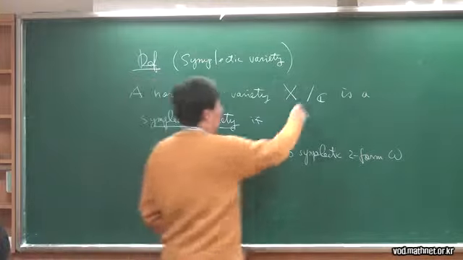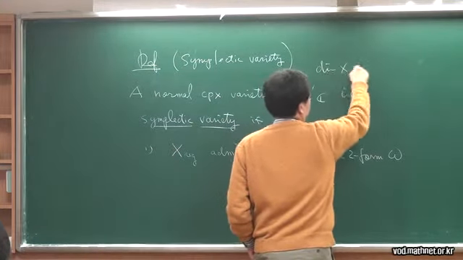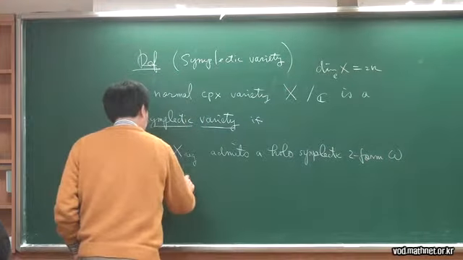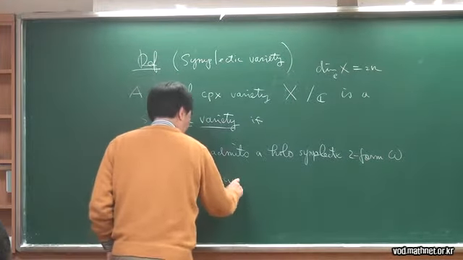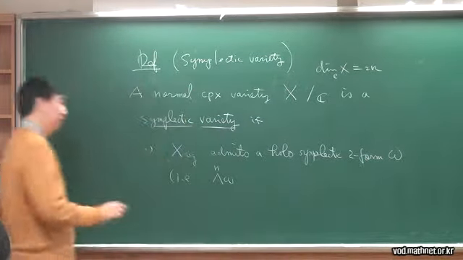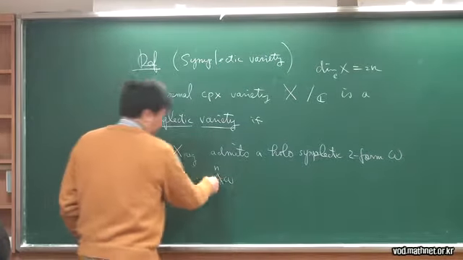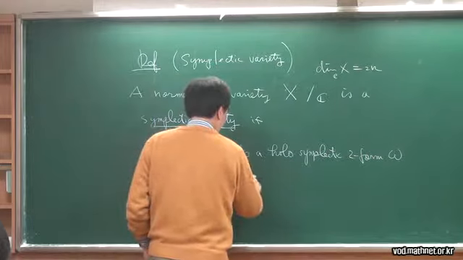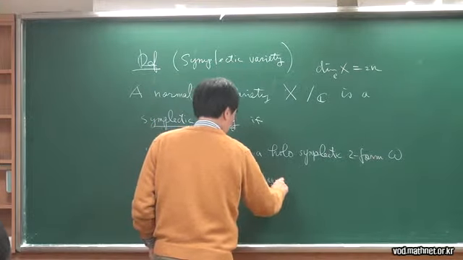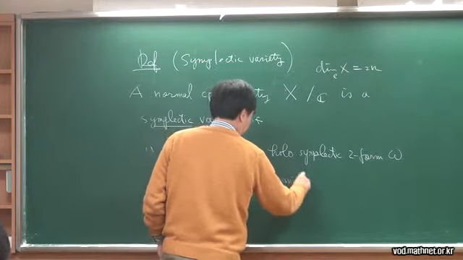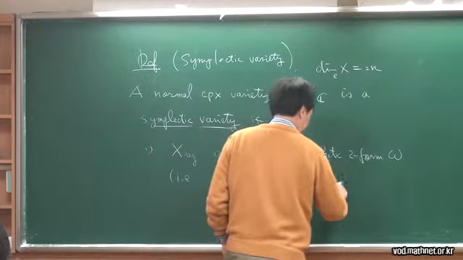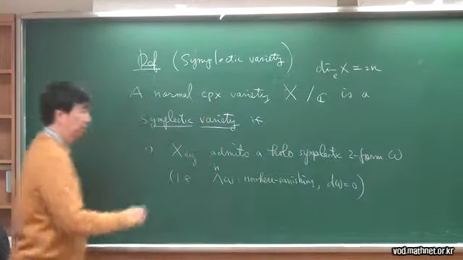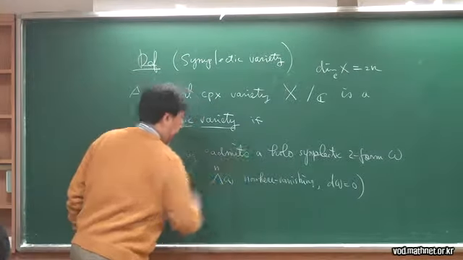This means that the dimension of X is even, say 2n, and the wedge of omega, n times, is a holomorphic volume form that is nowhere vanishing, and d-closed. This is the meaning of holomorphic symplectic.